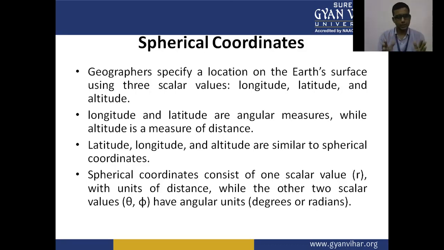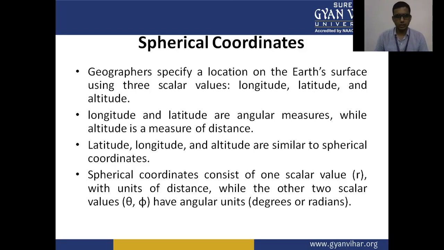So in the spherical coordinate system, we have three scalar values: longitude, latitude, and altitude. Longitude and latitude are angles, measured in angular measurement.